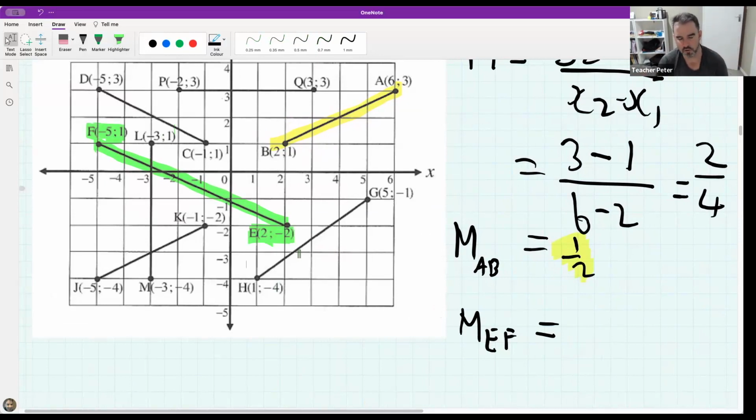Find me the gradient of the green line segment. So I'll just wait for your answers in the chat.